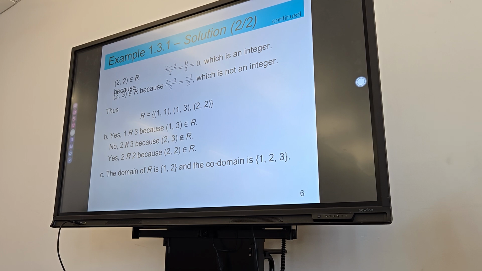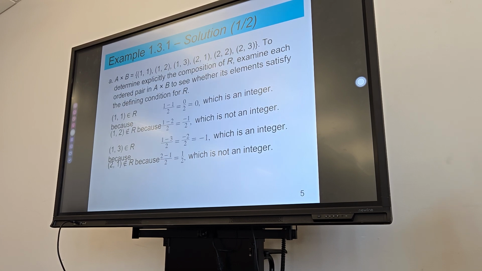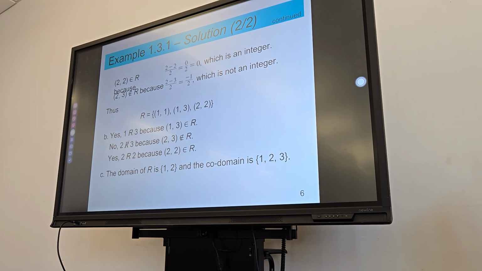So R equals the ordered pairs (1, 1), (1, 3), and (2, 2). The domain and codomain of R are basically just sets A and B. So A, the first set, is the domain, and B, the second set, is the codomain.